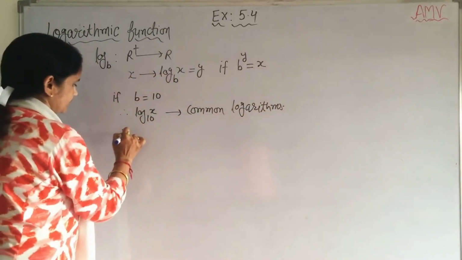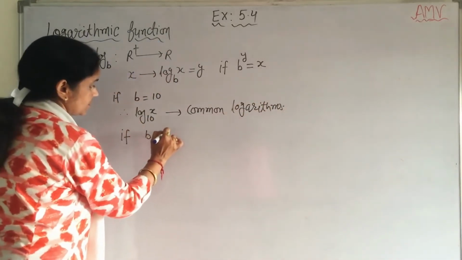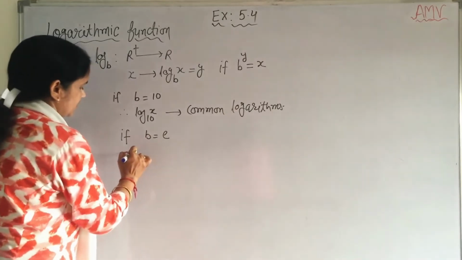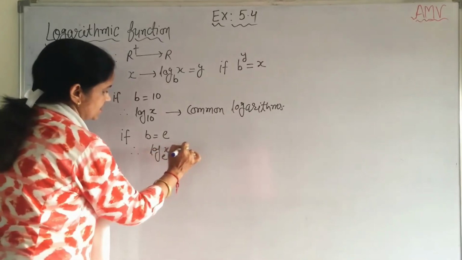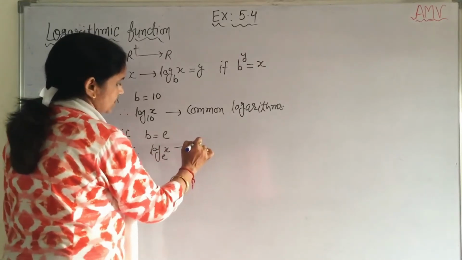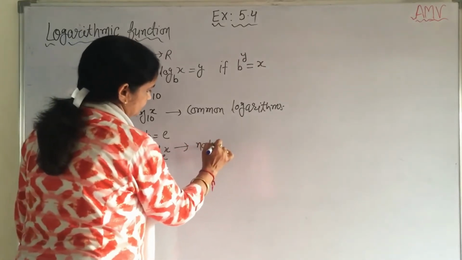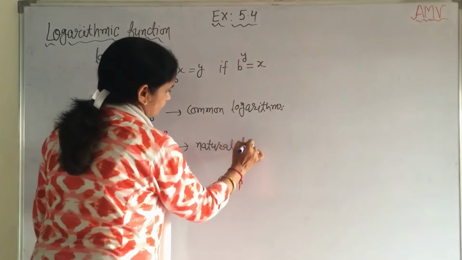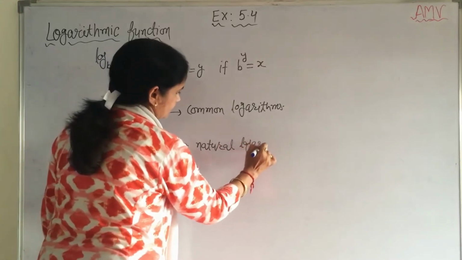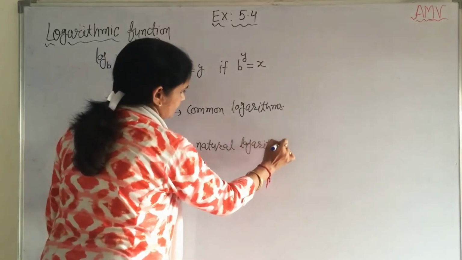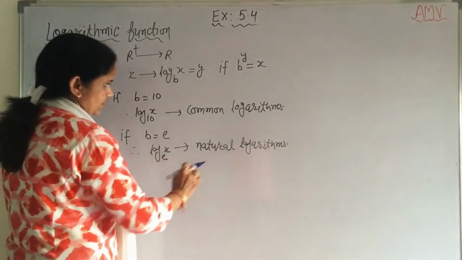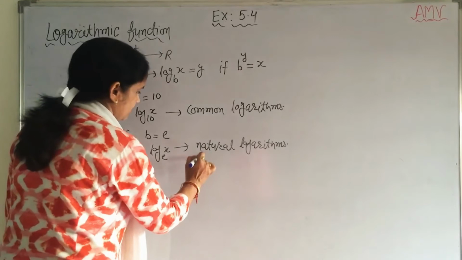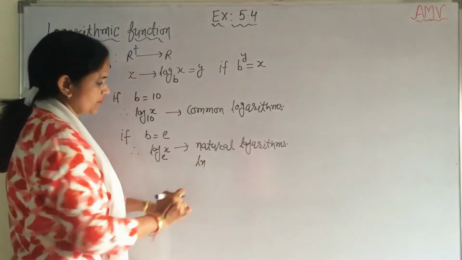If b is equal to e, then it is log x base e. It is known as natural logarithm, generally written by ln.